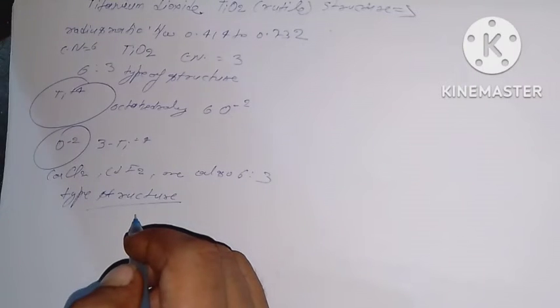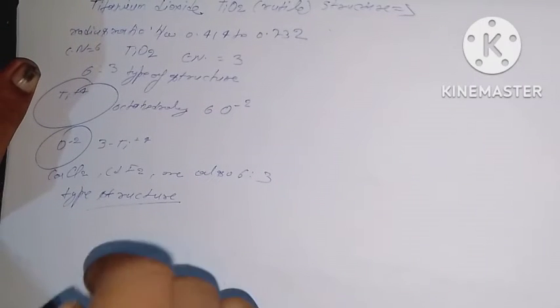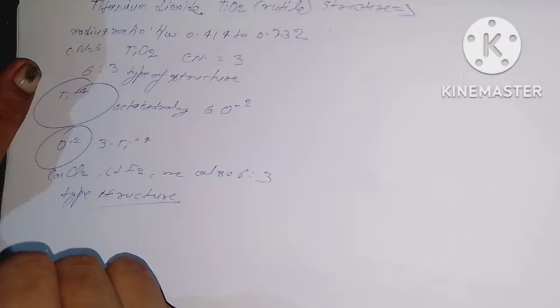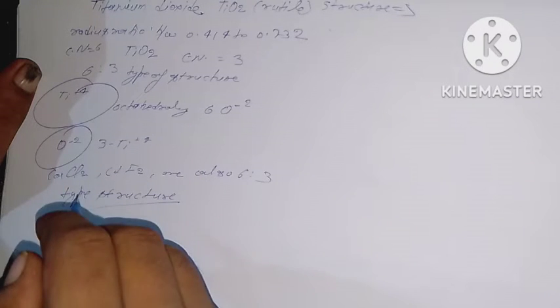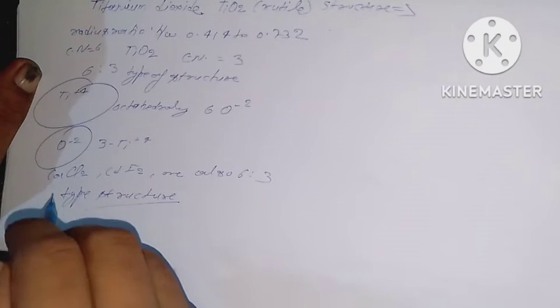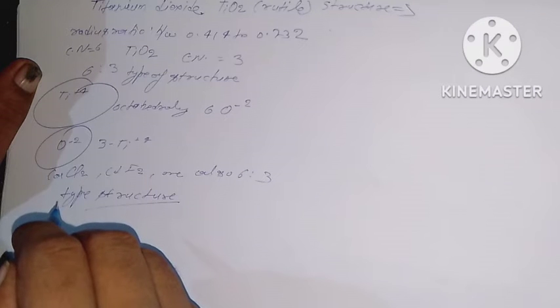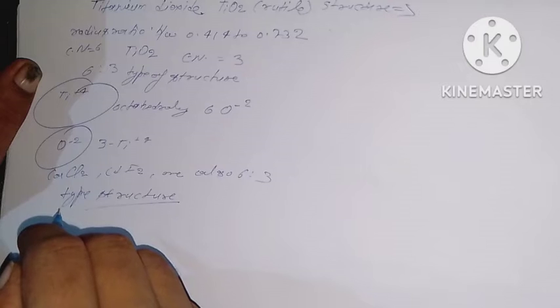As an example, a solid AB has sodium chloride type structure. If the radius of cations is 100 pm, then calculate the radius of anions.